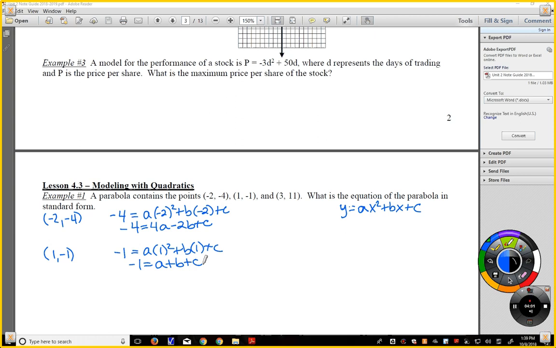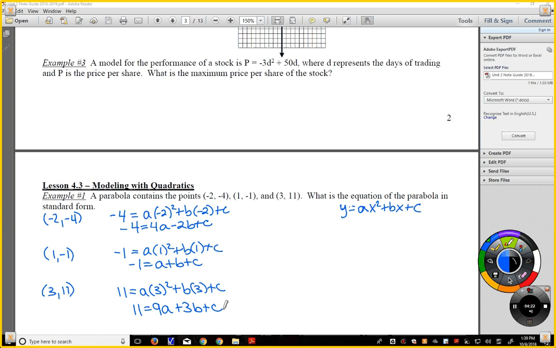And then my last point is 3, 11. So 11 is equal to a times 3 squared plus b times 3 plus c, or again, 9a plus 3b plus c.